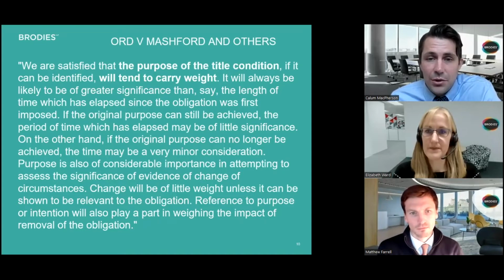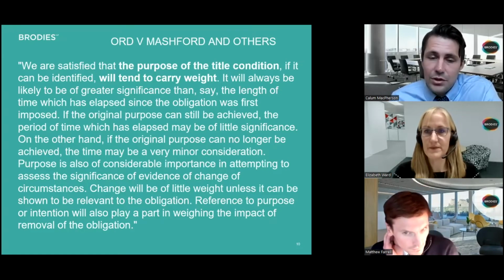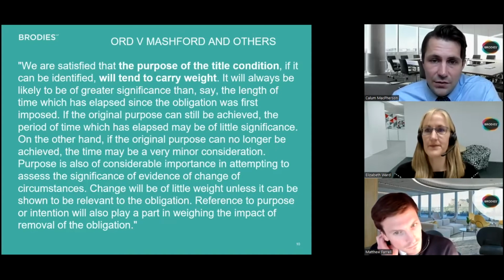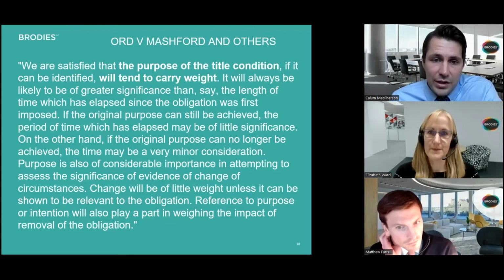If the original purpose can still be achieved, the period of time which has elapsed may be of little significance. On the other hand, if the original purpose can no longer be achieved, the time may be a very minor consideration. Purpose is also of considerable importance in attempting to assess the significance of evidence of change of circumstances. Change will be of little weight unless it can be shown to be relevant to the obligation.